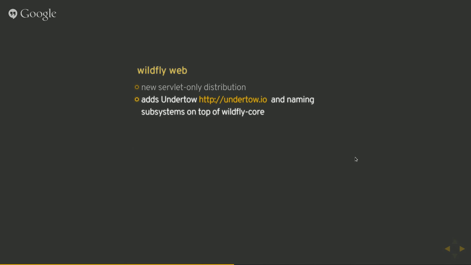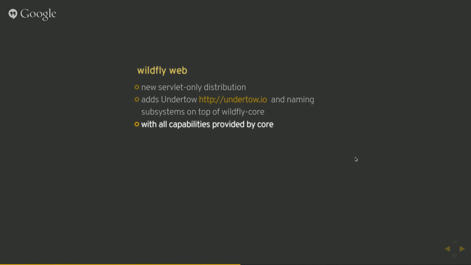How it is provided: it adds Undertow, which is our high-performance web server, and naming subsystems on top of Wildfly-core. The result is servlet container, but it's worth mentioning that it has all capabilities provided by Wildfly-core.